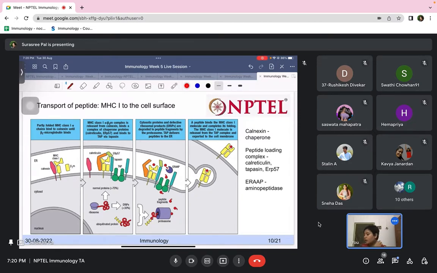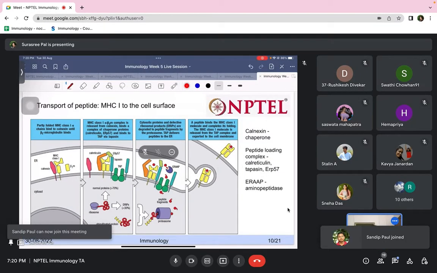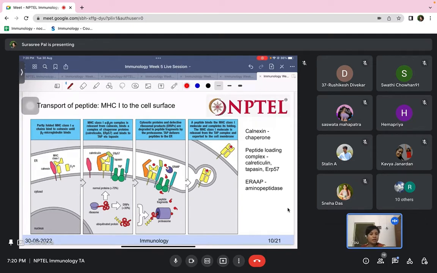And here you can see, first of all, the MHC class 1 molecules in the endoplasmic reticulum do not exist in their properly folded state initially.